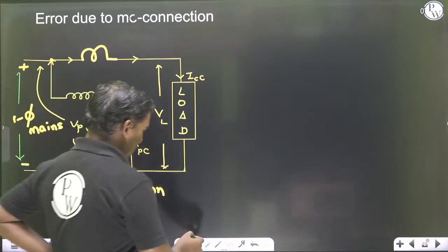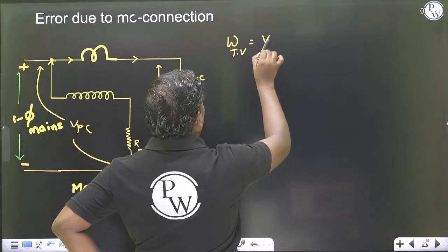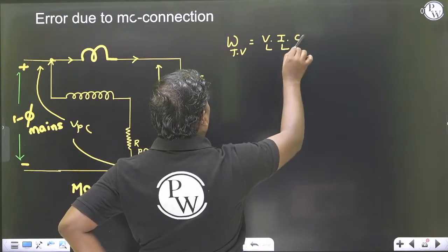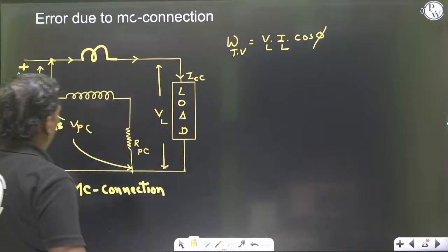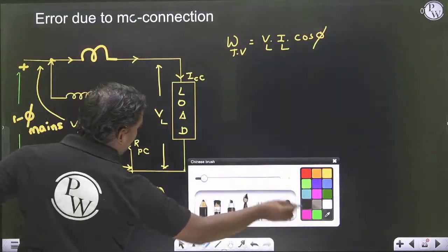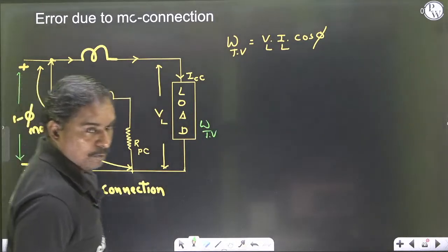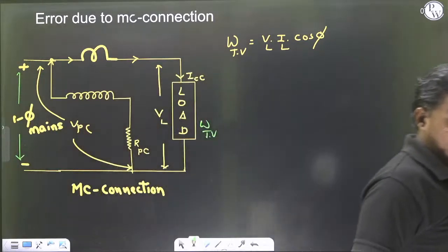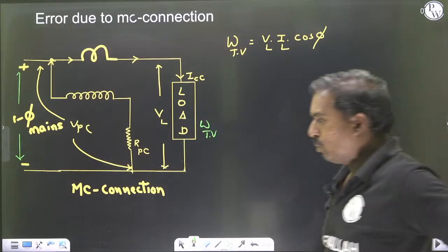So the true value is VL IL cos phi, power consumed by the load. जो लोड कितना कंज्यूम करता है पावर, दैट इज अ ट्रू वैल्यू. Am I right?